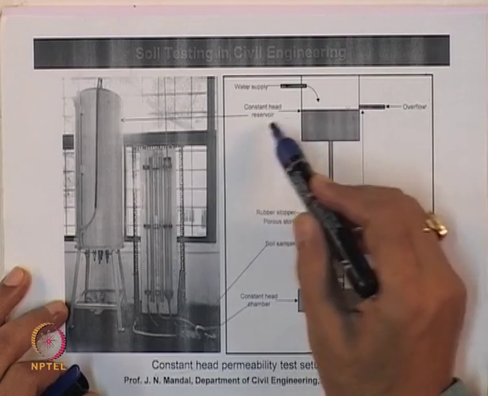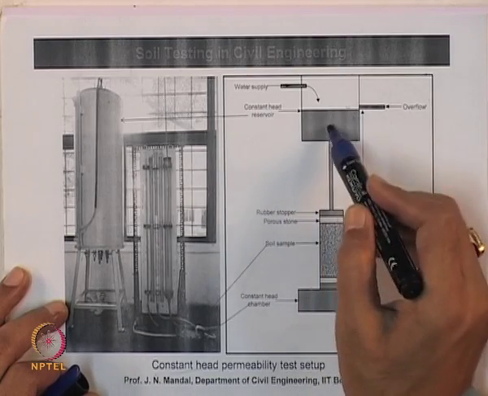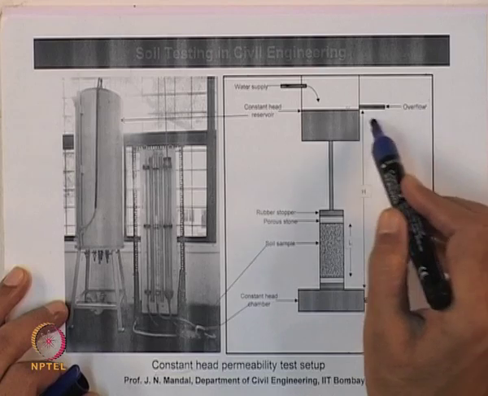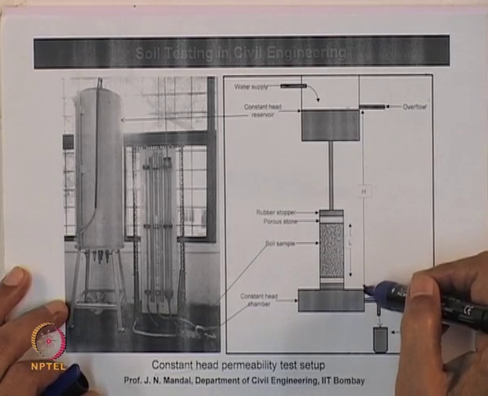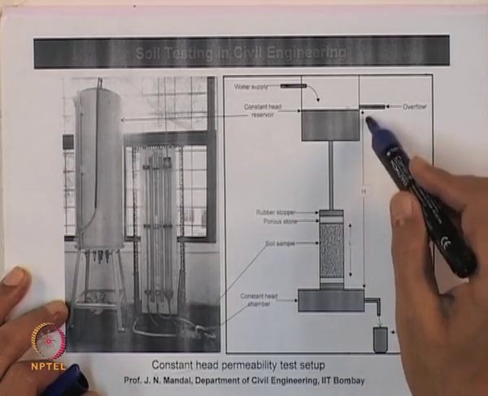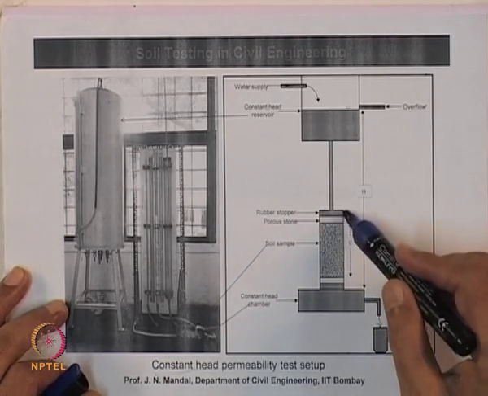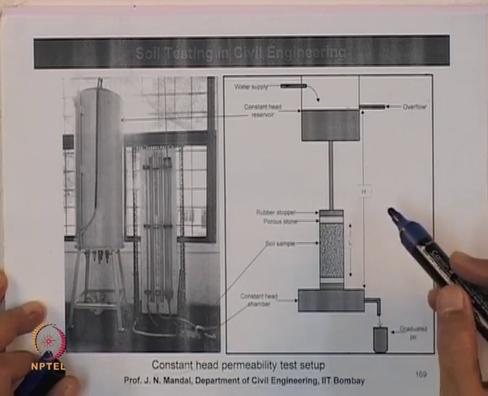This is the reservoir, and that is the constant head. Water is supplied at a constant head, and then the water overflows from here. So, this height from here to here is capital H, and the length of the sample is L.